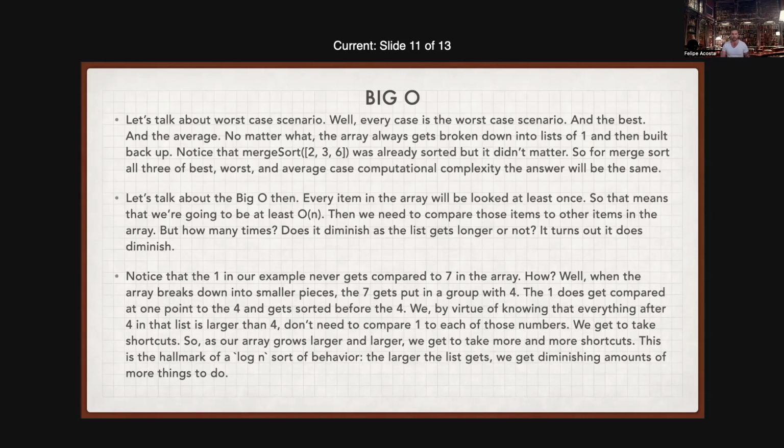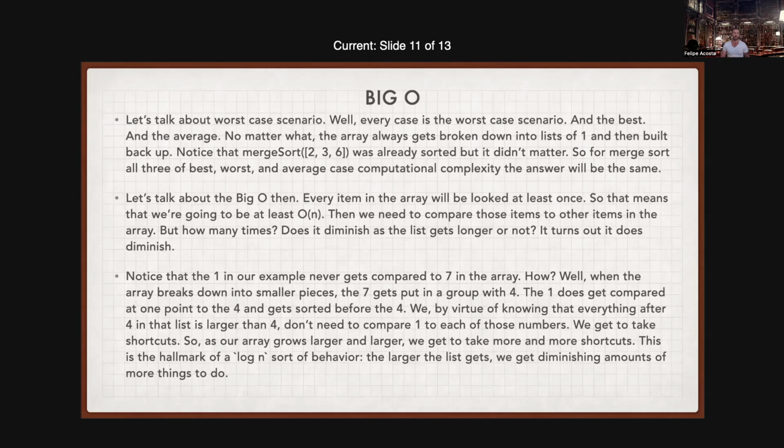Basically, when we break the array down into smaller pieces, the 7 gets put in a group with 4, and the 1 does get compared at one point to the 4 and gets sorted before the 4. So basically, by virtue of that, anything after the 4 is larger than the 4. So we don't need to compare the 1 to each of those numbers. We can take shortcuts in this case.